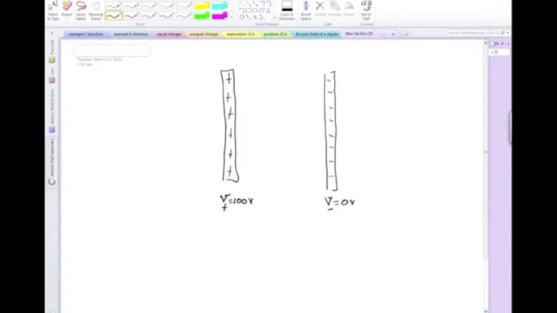This is 0 volts, and this is 100 on the positive plate. If I were to plot all the points in space that have a potential of, say, 20 volts, where would they be? So if this is D, all of these points that have D divided by 5 distance from the negative plate should have a potential equal to 20 volts.